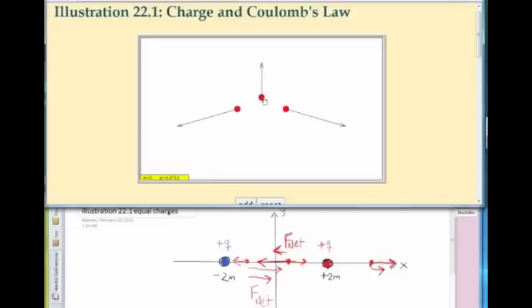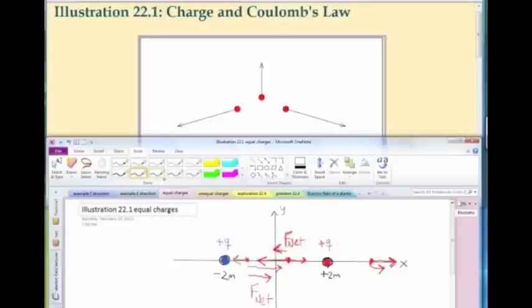Now I want to make sure that you understand why that force is pointing that way. The net force acting on the middle particle. So say that you put the particle here. You can call it a test particle if you want.